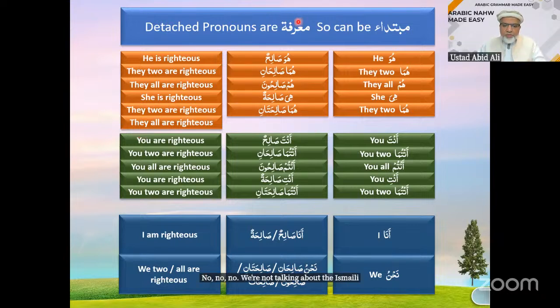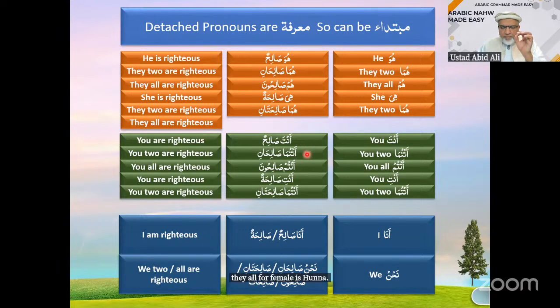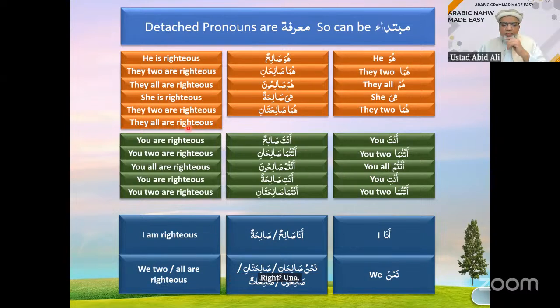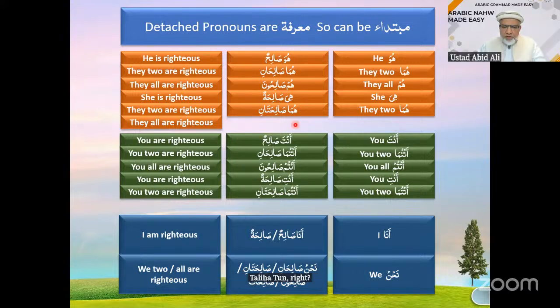These are detached pronouns. They all for female is Hunna. Then what will be the plural of righteous feminine? Salihatun, right? Hunna Salihatun, right? Okay, next one.